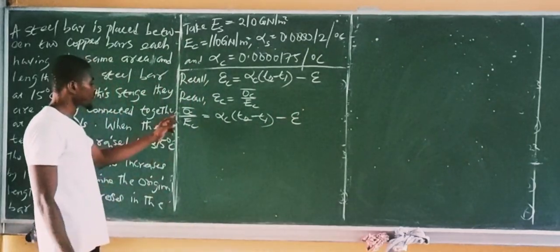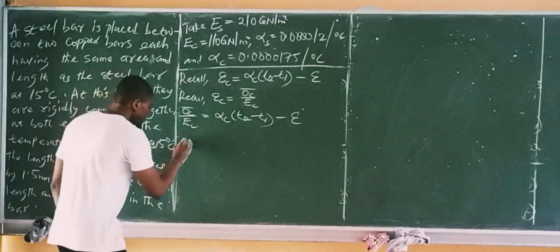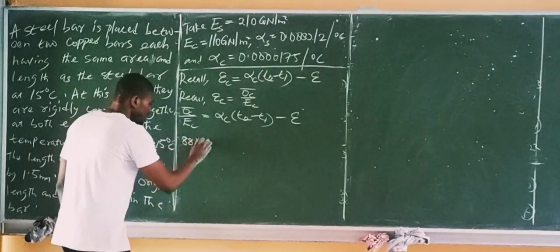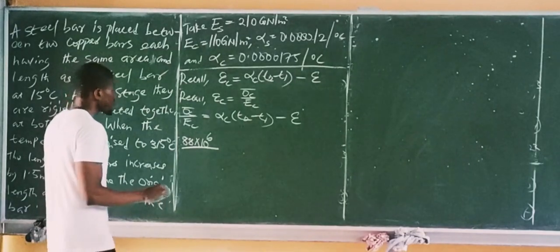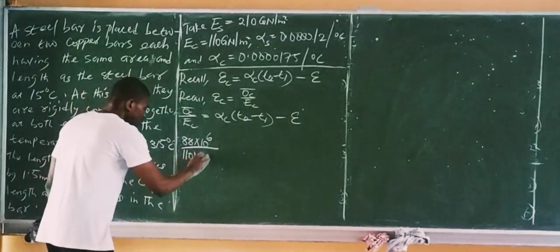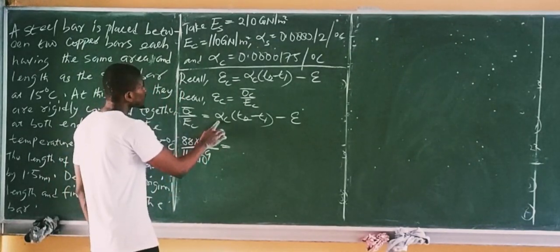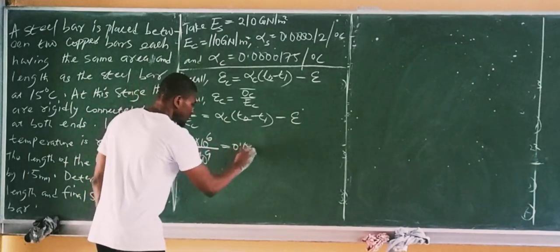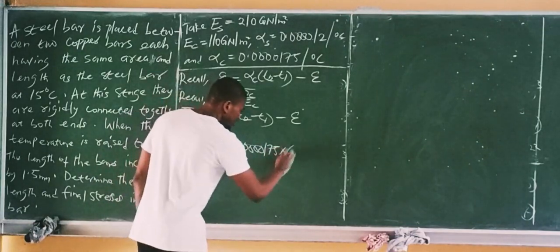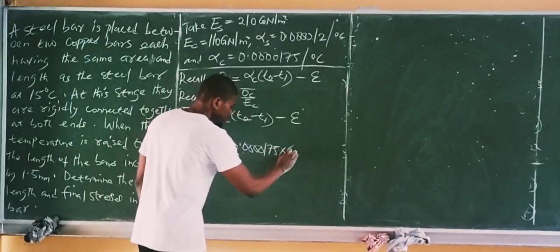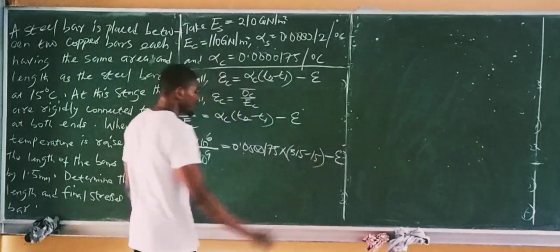The stress of copper was determined as 88 by 10 to the power of 6, divided by Young's modulus of copper, given as 110 by 10 to the power of 9, equals the thermal expansivity of copper, 0.0000175, times the difference in temperature, 315 minus 15, minus the common strain.